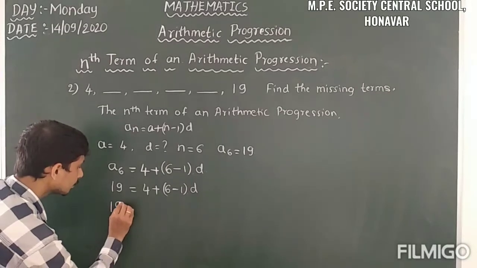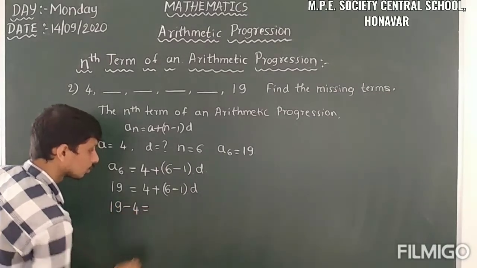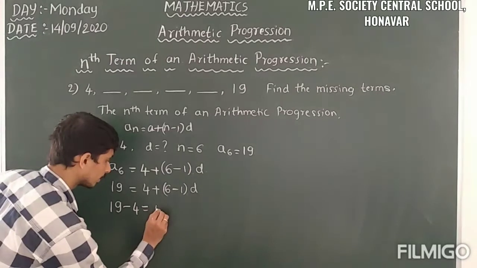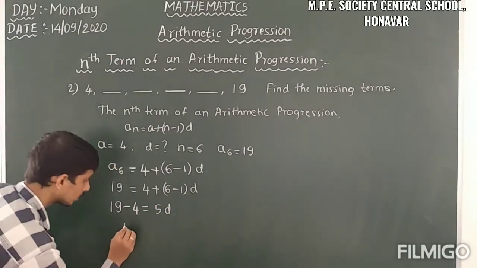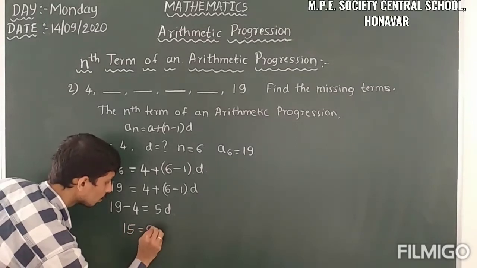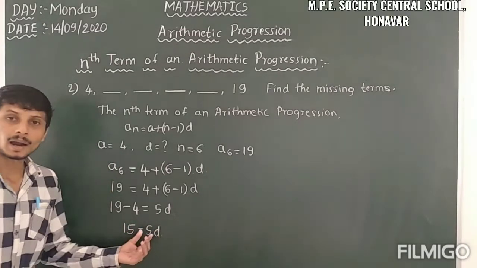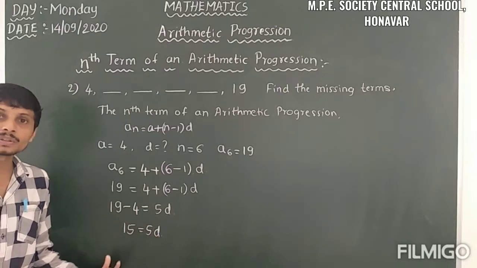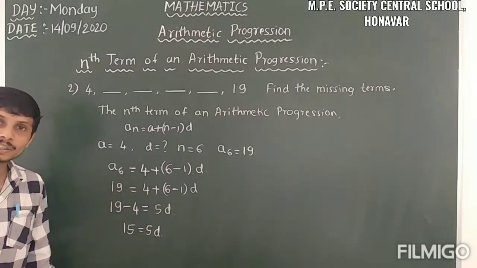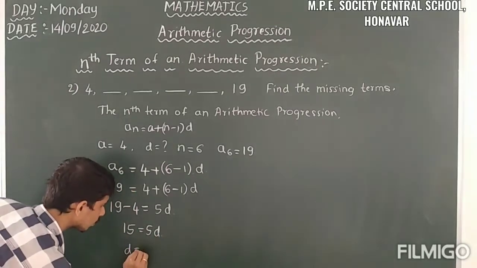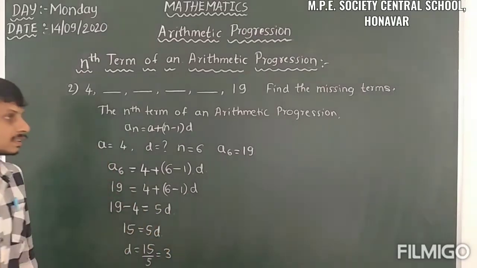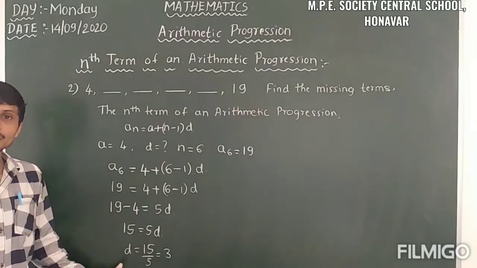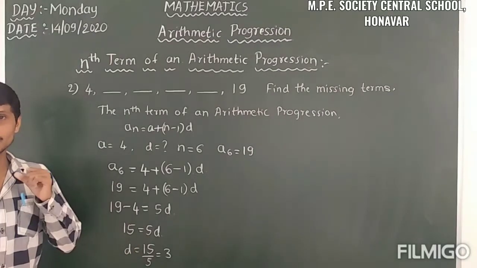It becomes 19 minus 4 is equal to 6 minus 1, which is 5d. 19 minus 4 is 15, so 15 is equal to 5d. Then we transpose this 5, and it comes to the denominator. That is d is equal to 15 by 5 is equal to 3. So we got the value of d: the value of d is 3 here.